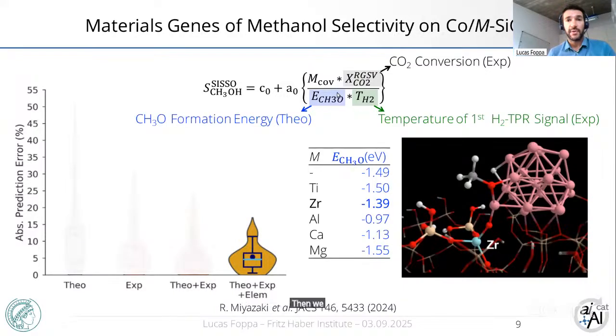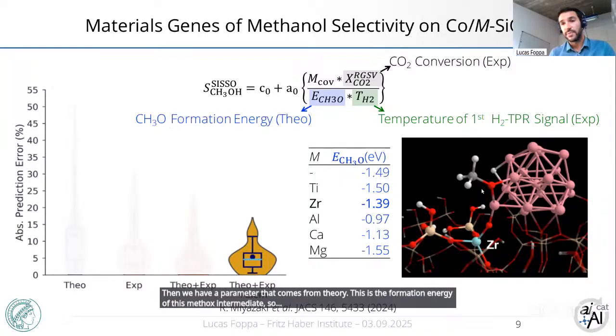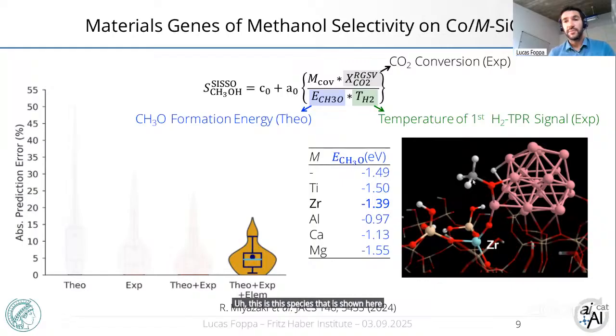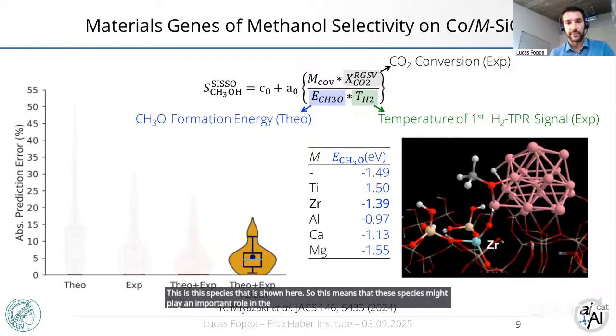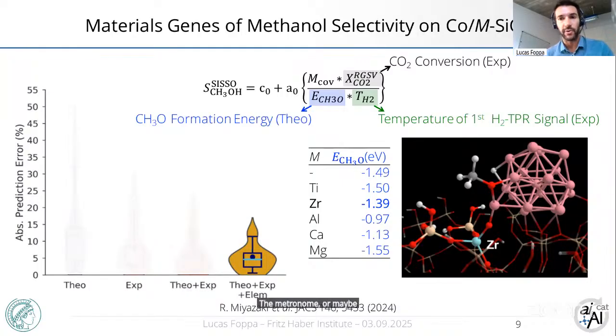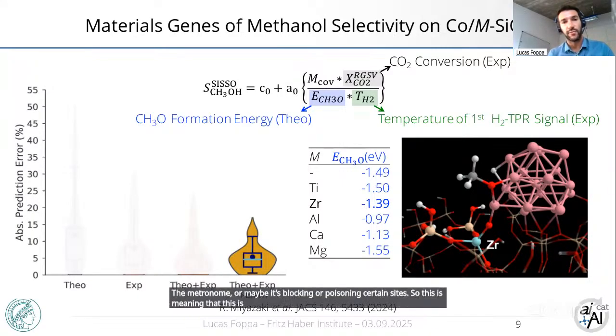Then we have a parameter that comes from theory. This is the formation energy of this methoxy intermediate, this species that is shown here. This means that this species might play an important role in the chemical reaction, especially in the reaction network. It can maybe be an intermediate towards methanol, or maybe it's blocking or poisoning certain sites. So there is a role for this intermediate.